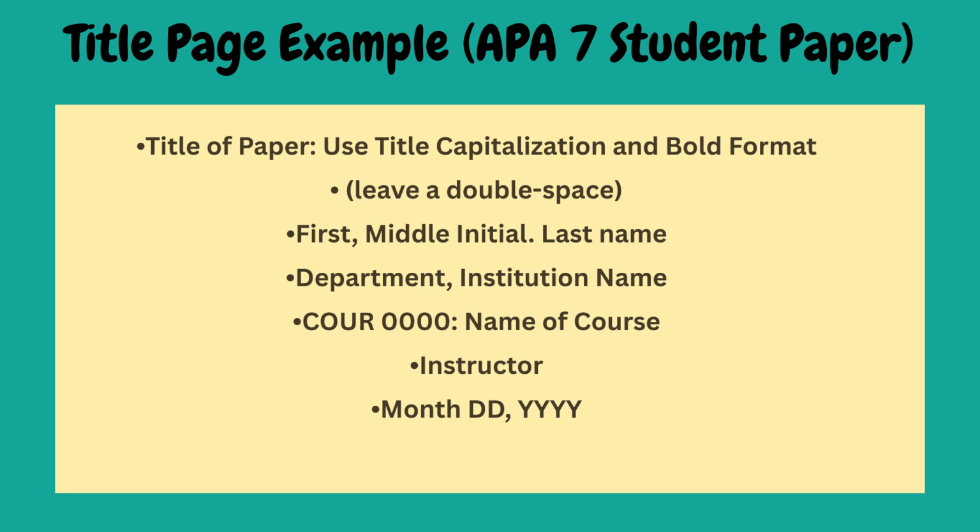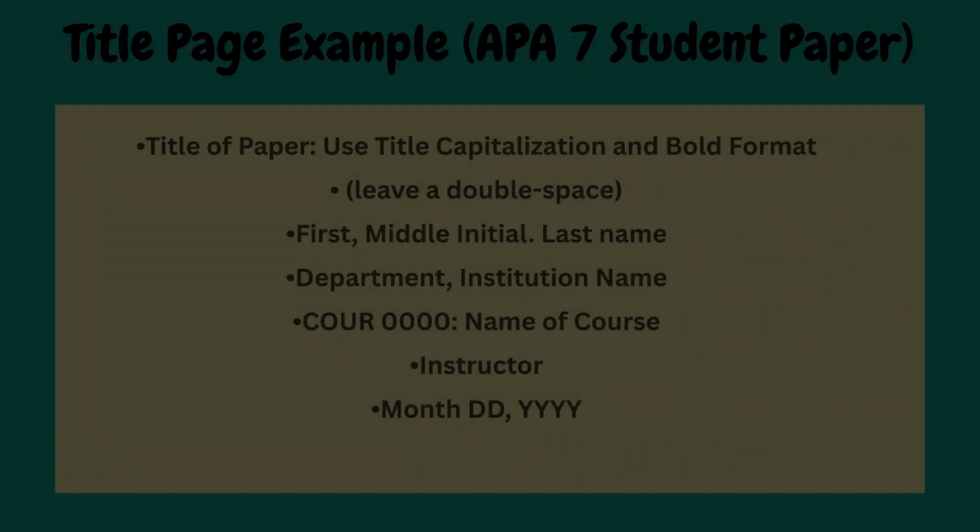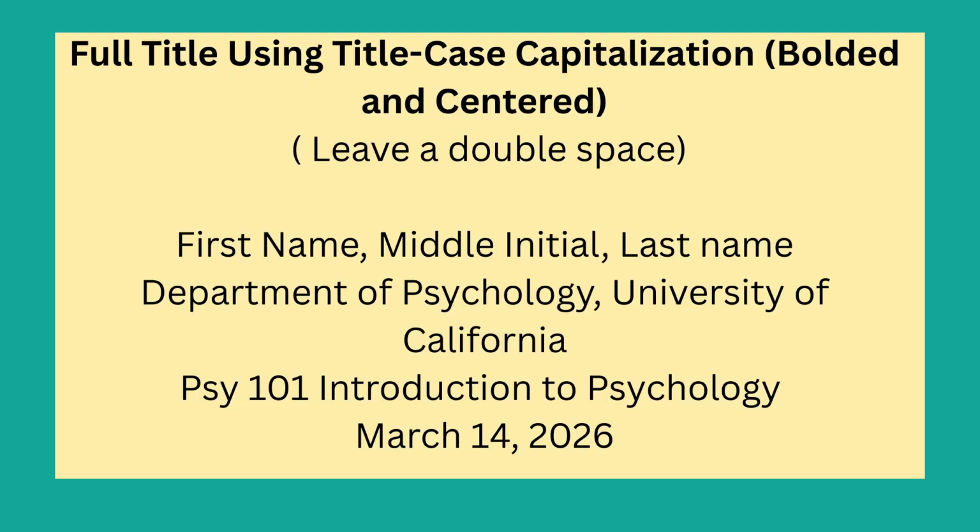On the next line, write the department and the institution name. For example, Department of Psychology, University of California. Below that, write the course number and the course name. For example, PSY 101, Introduction to Psychology. The next line is the instructor's name, and the final line is the due date of the assignment.